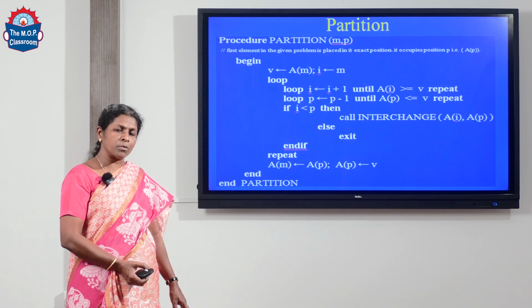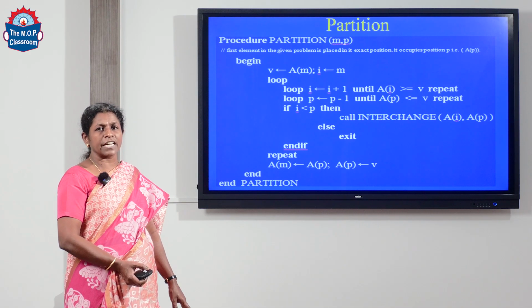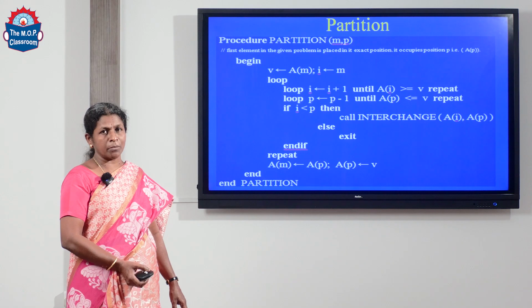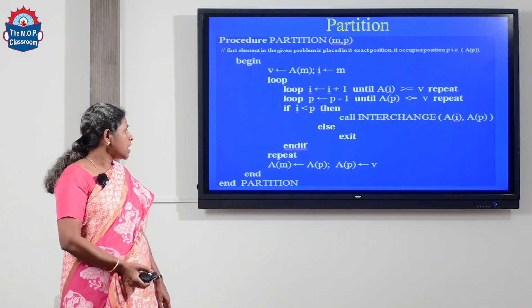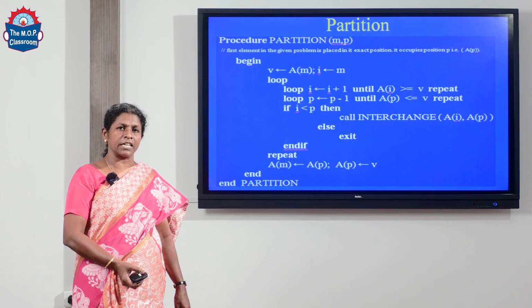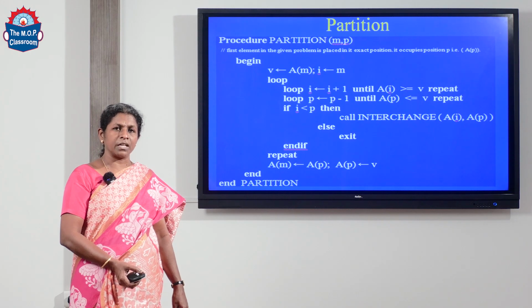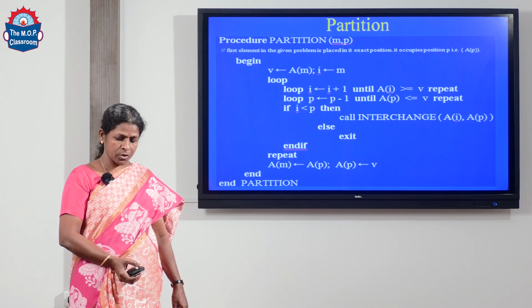Similarly, from the right side I will proceed towards the left, decrementing the variable J. Once I get a greater number and a smaller number, I check whether I is less than J. When I is less than J, we interchange A of I and A of J. Suppose I get the opposite condition, that is, if I is greater than J, what we have to do is swap the element in position J with the pivot element.